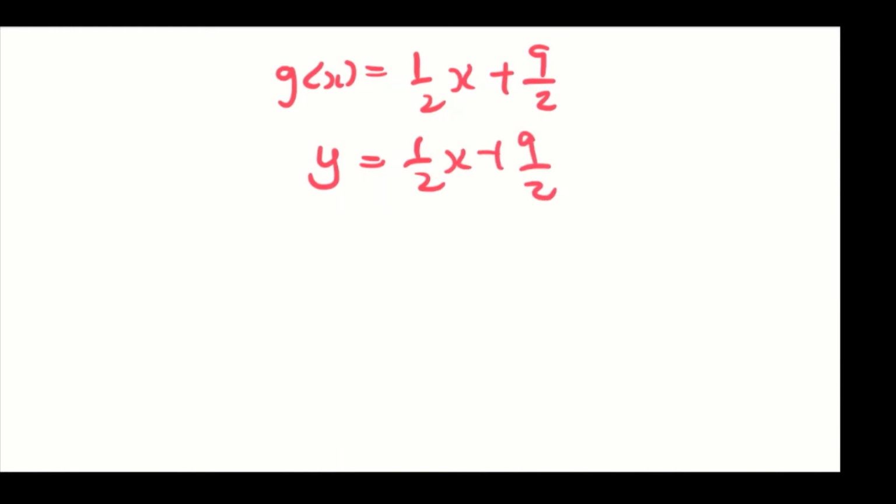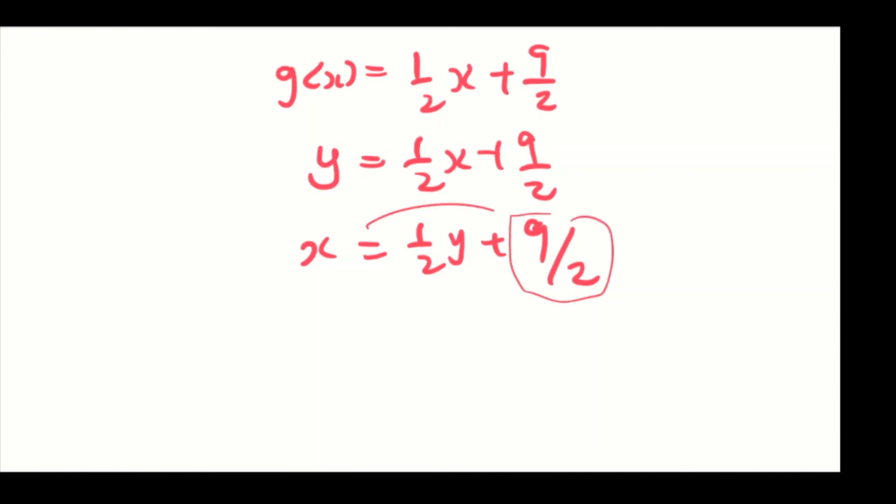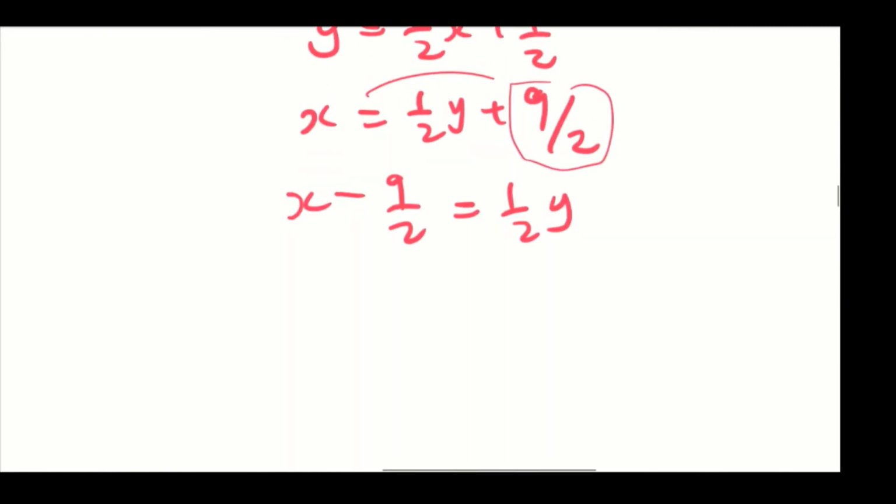So you're just going to swap. So it's going to be x equals to 1 over 2y plus 9 over 2, right? And we're going to transpose this to the other side. We have x minus 9 over 2 is equals to half y, and then we divide everything by half, right?